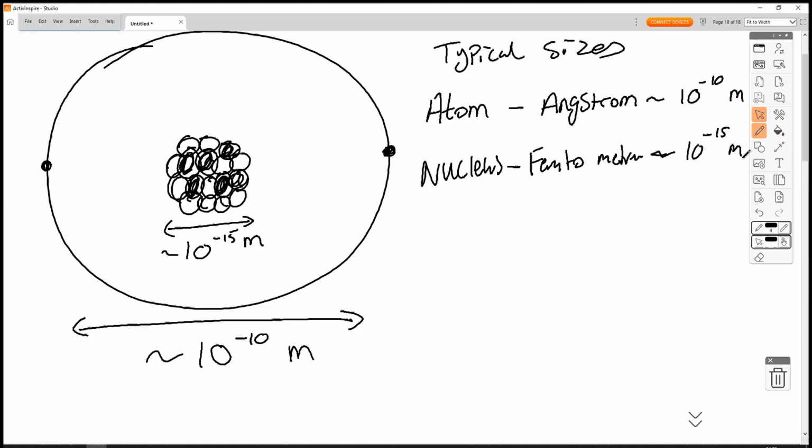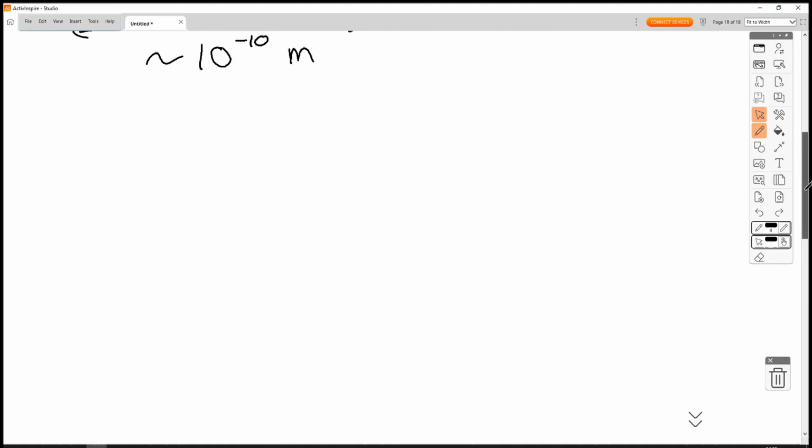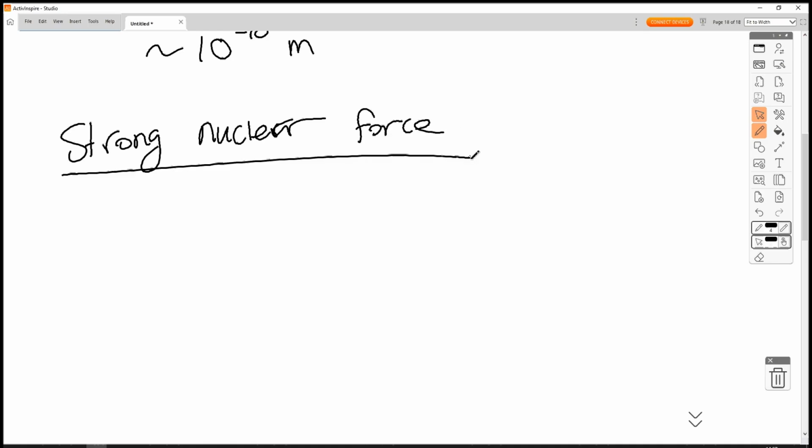Next, we'll talk about the strong nuclear force, which is the new fundamental force that you need to know about. So in an atom, we have protons, which are positively charged.